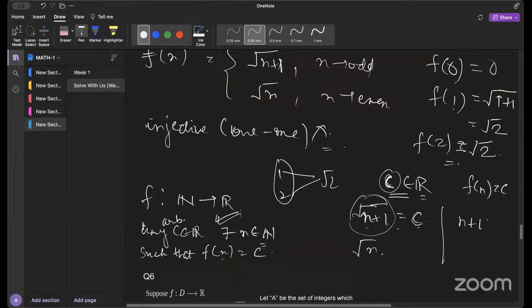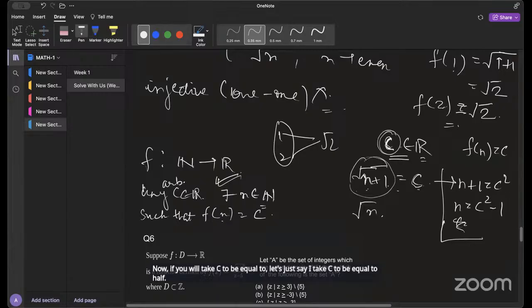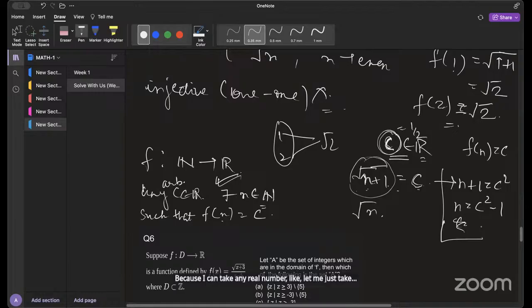So n plus 1 will be C square from here. And this will give you n is equal to C square minus 1. Now, let's say I take C to be equal to half, because I can take any real number. Half belongs to the real numbers.